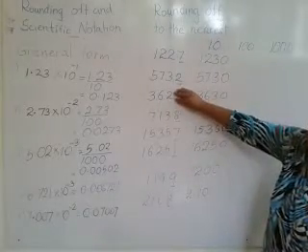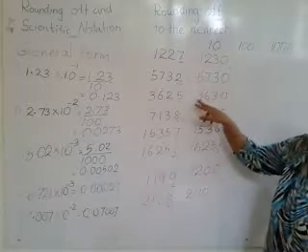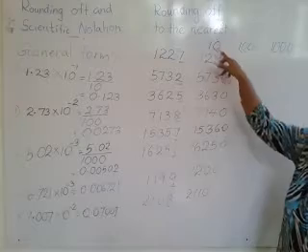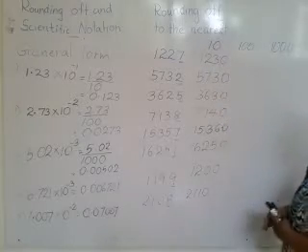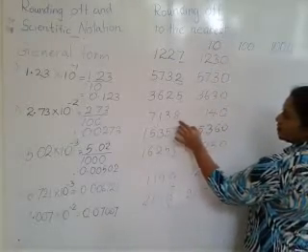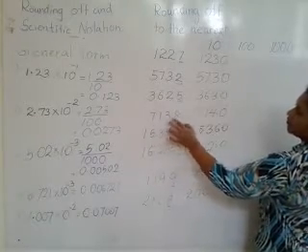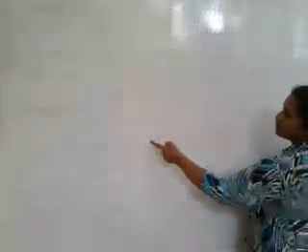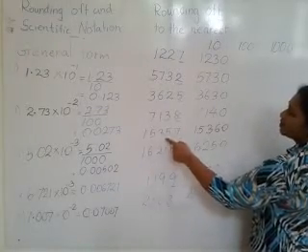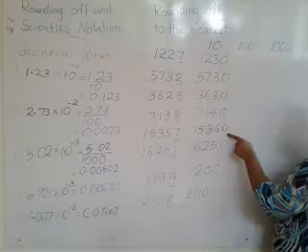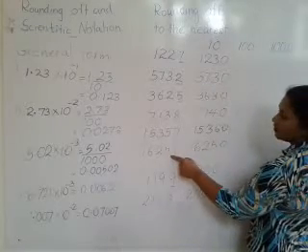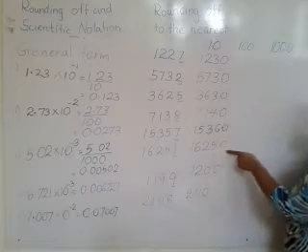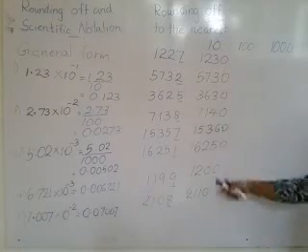Then 363, and the last digit becomes 0 because we are rounding off to 10. The last digit 8 changes 713 to 714 and the last digit 0. Last digit 7 is more than 5, so 1536, last digit 0. Last digit 1, no change, 1625 and last digit 0. I think you can understand.